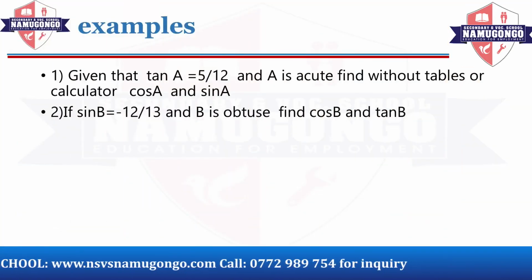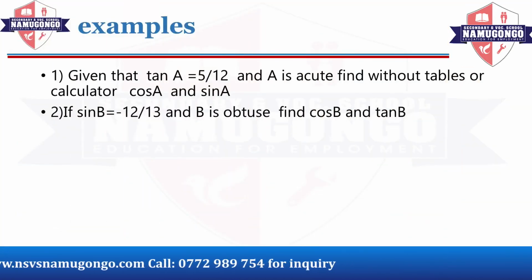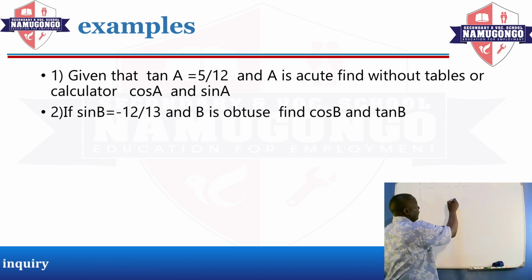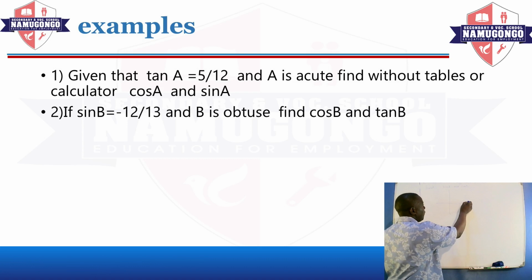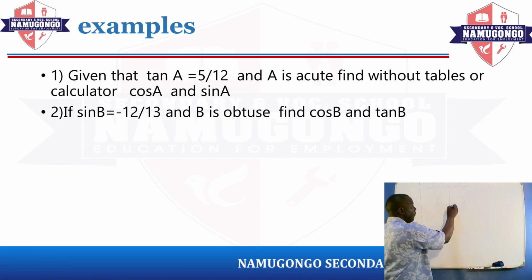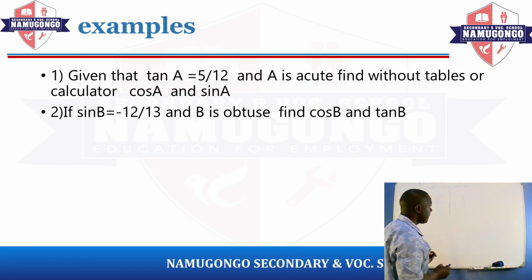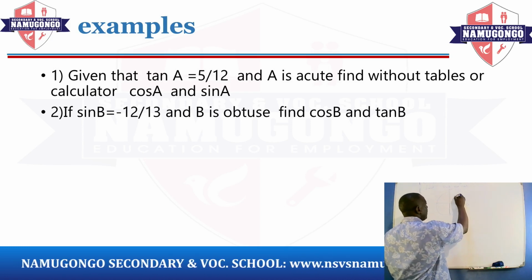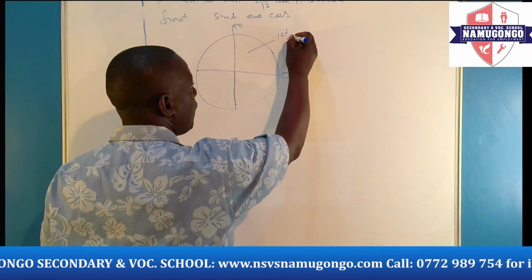Now, ladies and gentlemen, before we answer this question, I'm going to introduce to you another important concept, that is quadrants. We are going to first look at a circle divided into 4 portions. The first one, 0 to 90, we shall call the first quadrant.